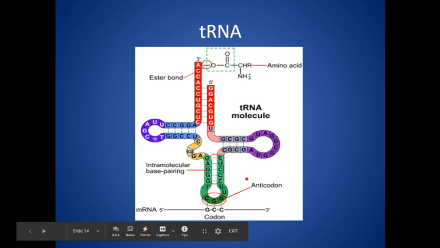So the anticodon is found on the tRNA and the codon is found on the mRNA. Now these 3 bases, the triplet code here, code for a specific amino acid. And the amino acid will actually be attached up the top here, to this group here.